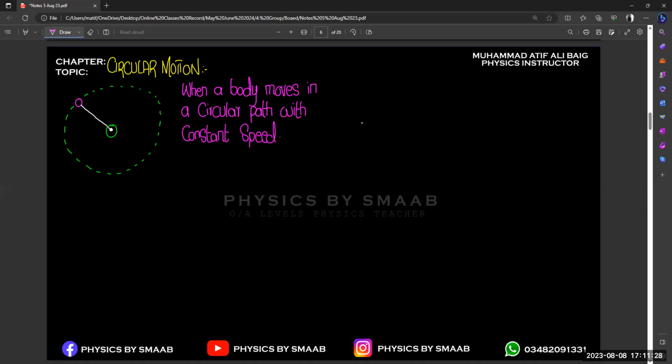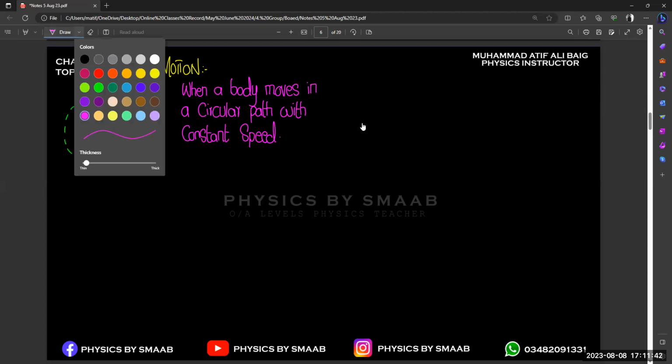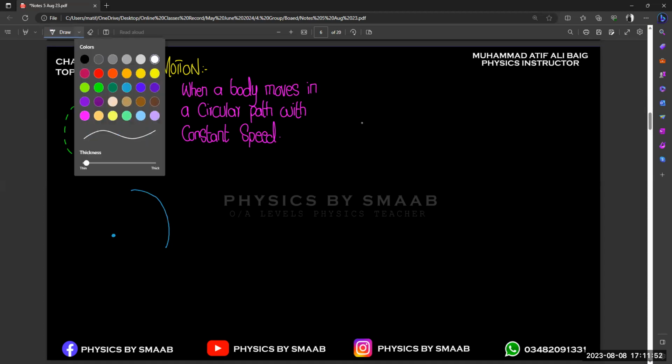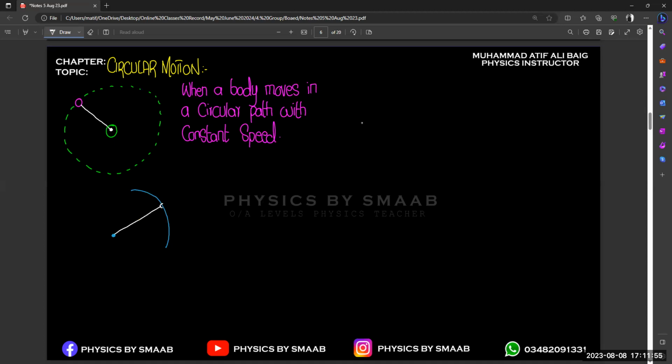And we know that speed is a scalar quantity. But if we want to study circular motion, let's suppose we consider a whole circle and try to break that whole circle into small intervals.